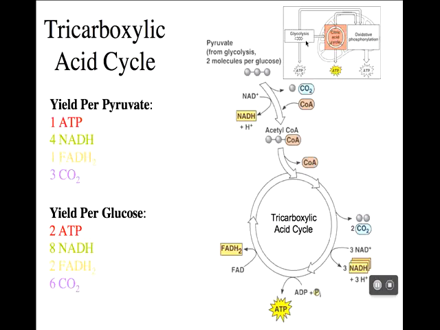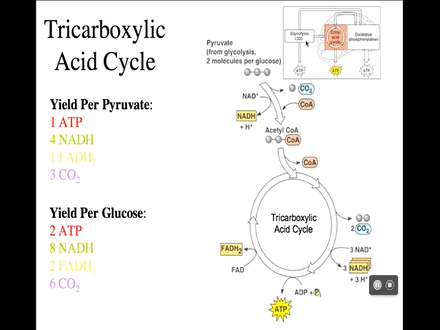Now, why am I making a big deal out of this? Most of the time when people talk about the catabolic pathways here, if they ask you about the tricarboxylic acid cycle, they're generally asking about per glucose. However, I have seen some very tricky standardized test questions that ask you about things per pyruvate. So I wanted to make sure that you understand what the difference is and how to tell if this is per pyruvate or per glucose.